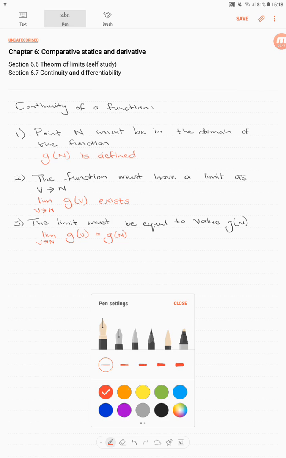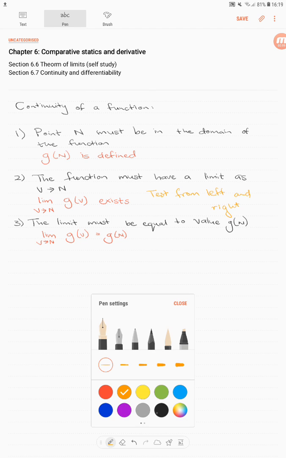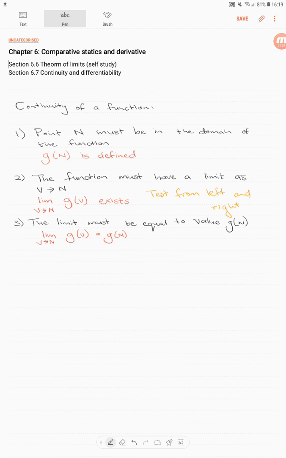And for this, we need to test it from left and right. And finally, we need to test that the limit is equal to the value at g(n). So the limit equal to the value of g(n).